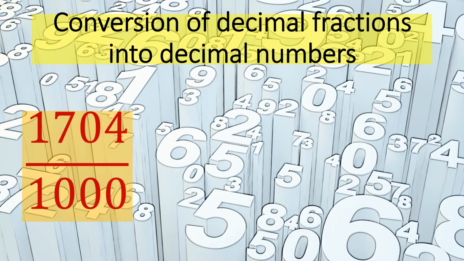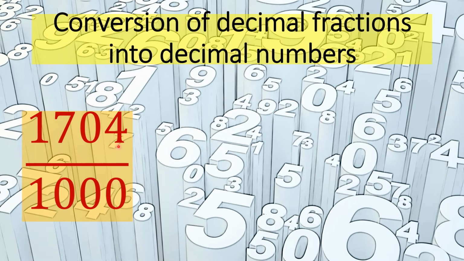Example, here is a decimal fraction, 1704 by 1000. The denominator is 1000. That's why it is a decimal fraction. Now we need to convert it into a decimal number. So what we will do? We will count zeros. How many zeros in the denominator? 1, 2, 3. There are 3 zeros in the denominator.